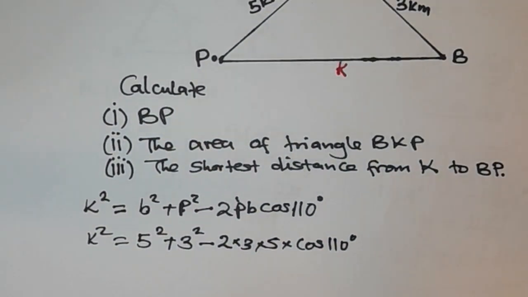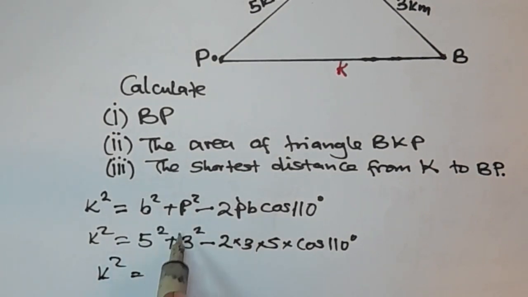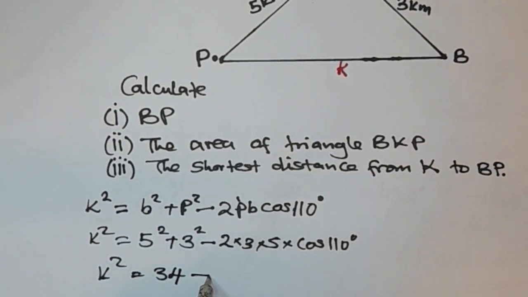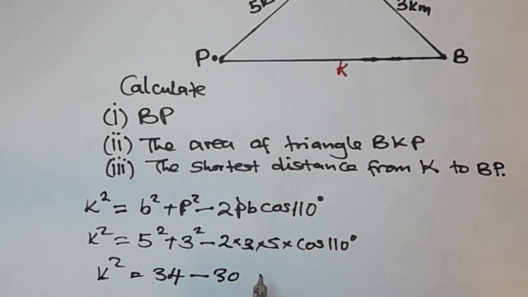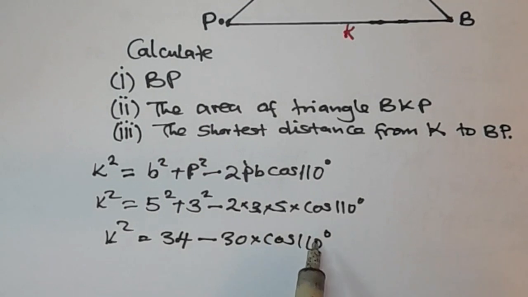Okay. So you're going to see that if you simplify this side, you're going to have 34 minus, again, if you multiply and simplify this, 2 times 3 times 5, you're going to have 30 times cos 110 degrees. So cos 110 degrees is negative.